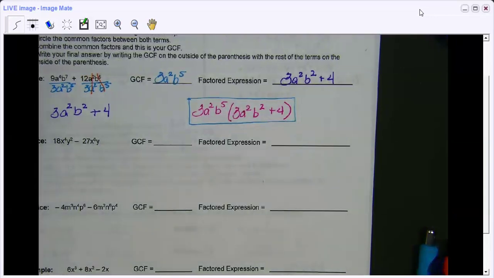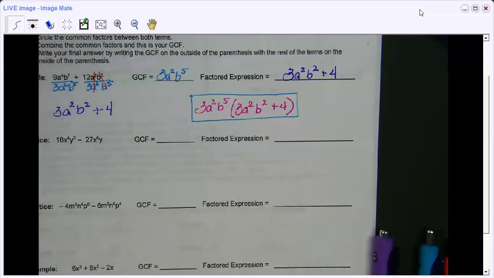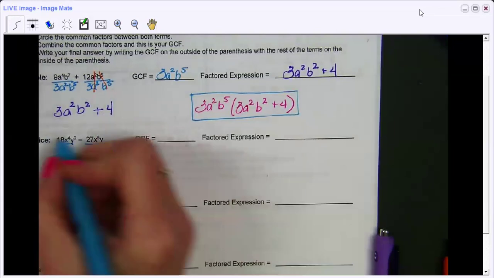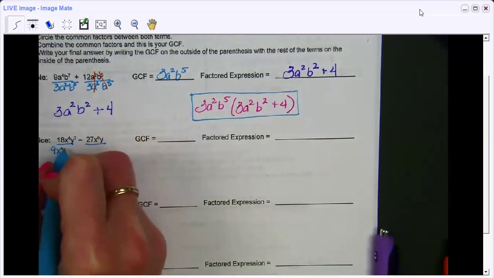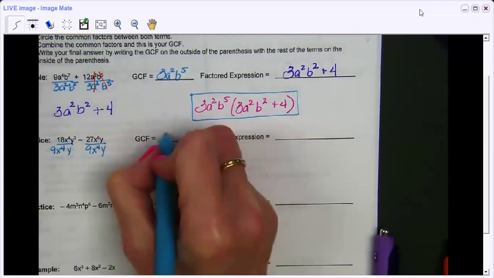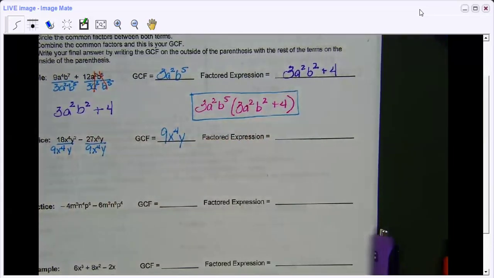Let's do this practice one here. I want you to come up with the GCF on your own. Try to do that, and then I'm going to work on it up here, but don't look up here until you have the GCF. Okay, when you have it, you want to make sure that's correct.